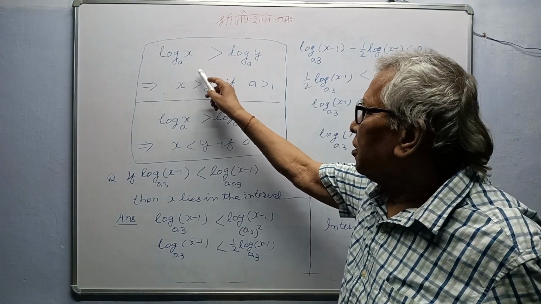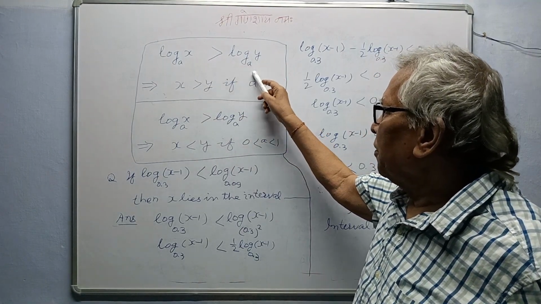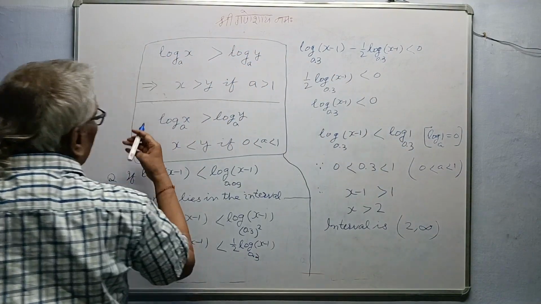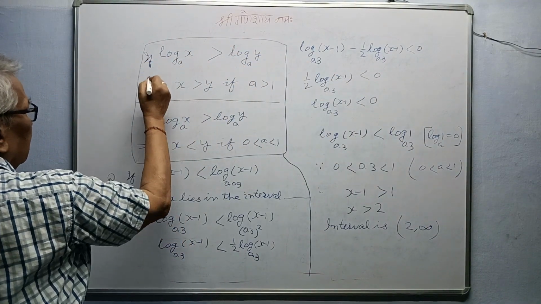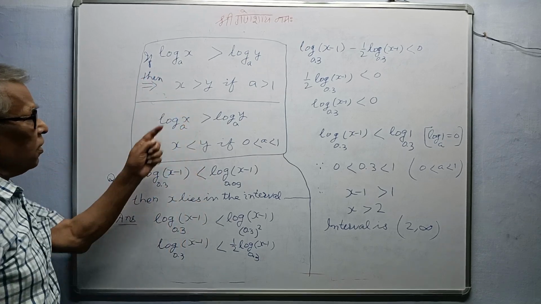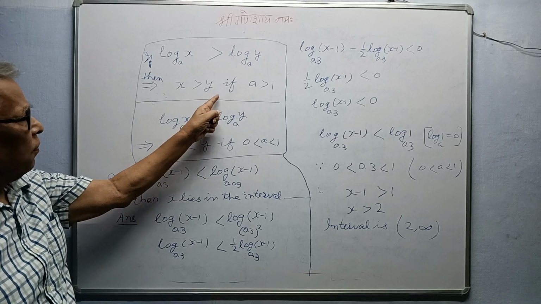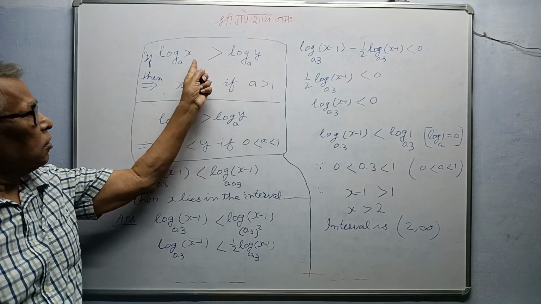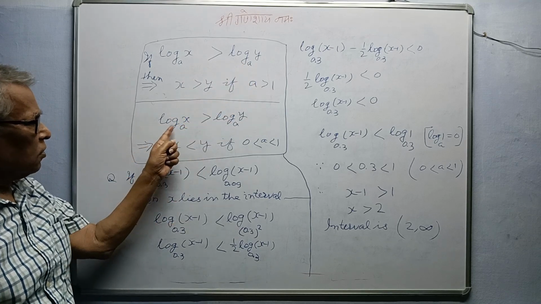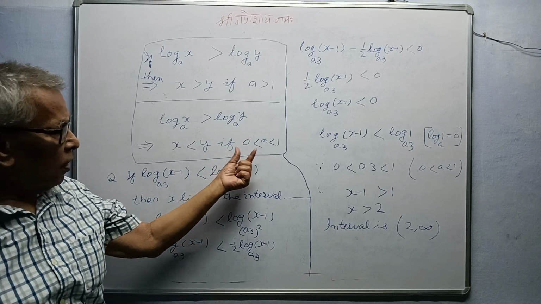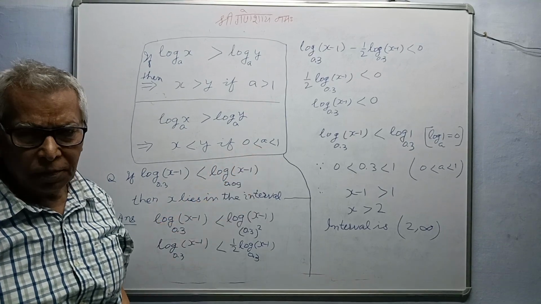log x to the base a is greater than log y to the base a. If this, then x is greater than y if a is greater than 1. If a is greater than 1, then the inequality remains the same. But x is less than y if a lies between 0 and 1.